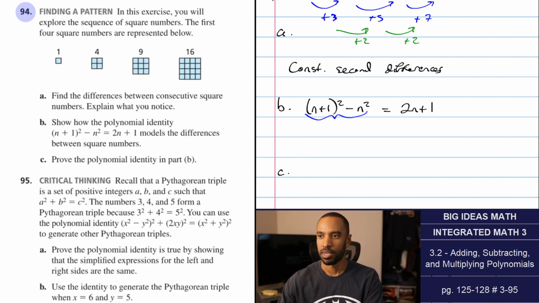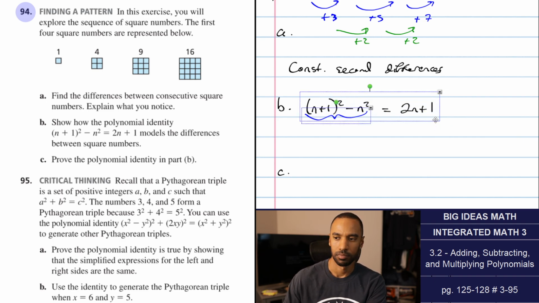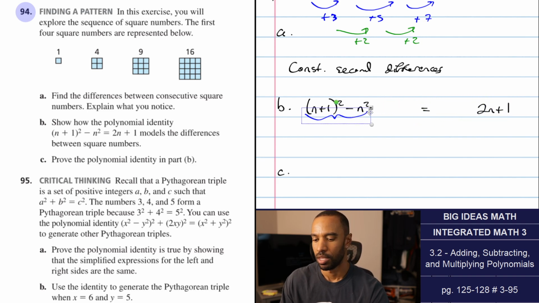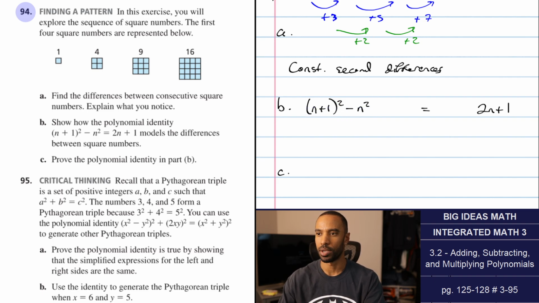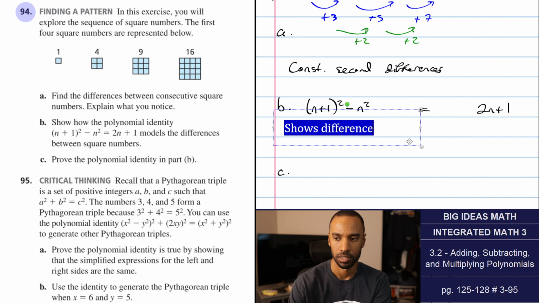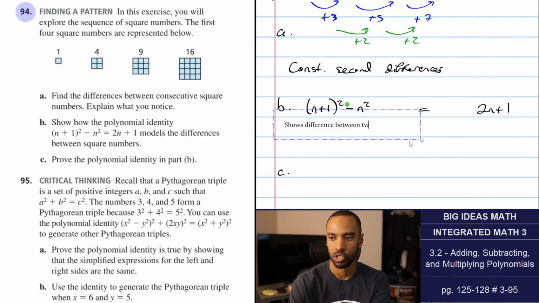Okay. Let me separate these a little bit. Give me a second. So the one on the left is basically showing the difference, what you do when you subtract one term from another term. Shows difference between two consecutive squared terms.